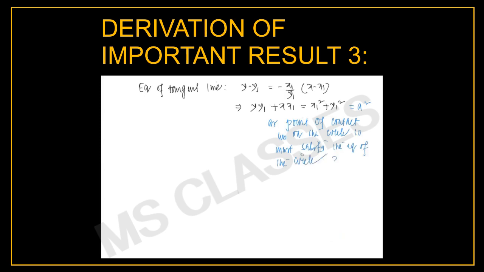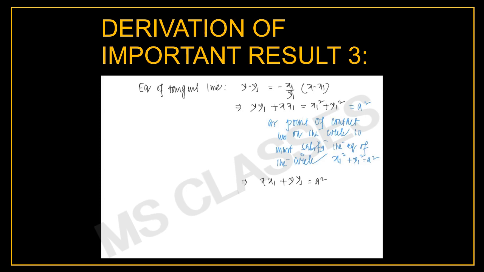And therefore x1 square plus y1 square equal to a square, which we have utilized. So ultimately, the equation of tangent which we have got is x x1 plus y y1 equal to a square.